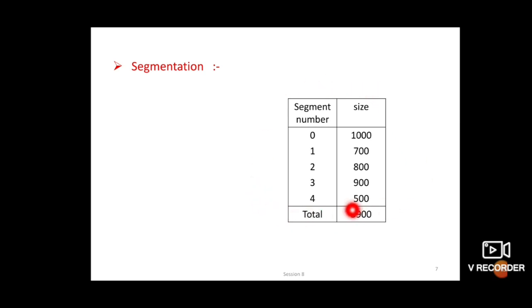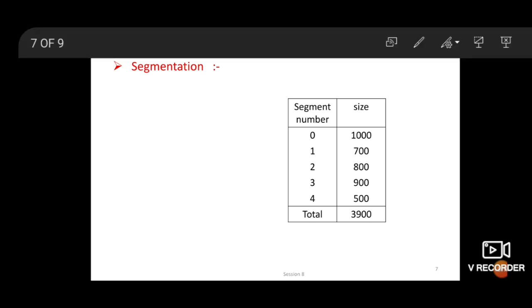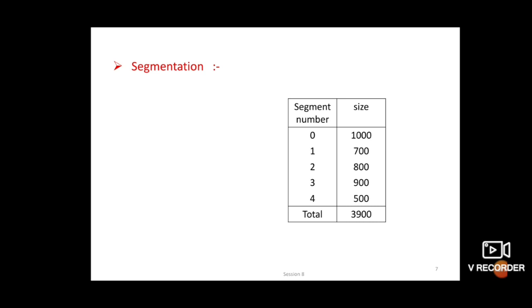But in segmentation, programs are stored in different segments, and their sizes are different. Why is the size different? Because the size is based on logic, on the logical address.